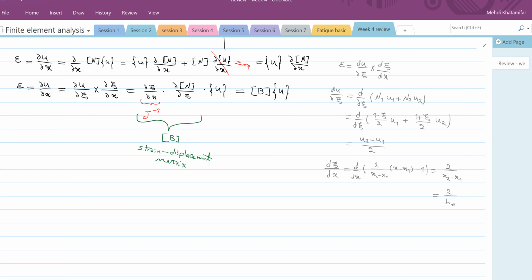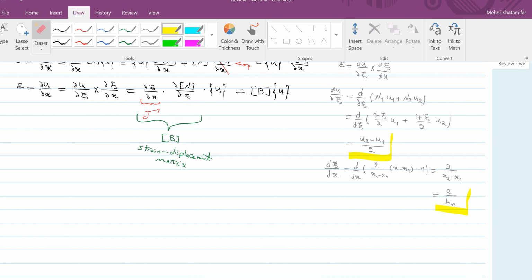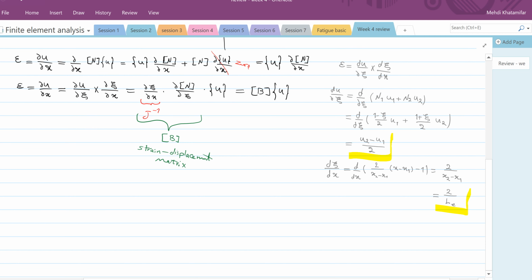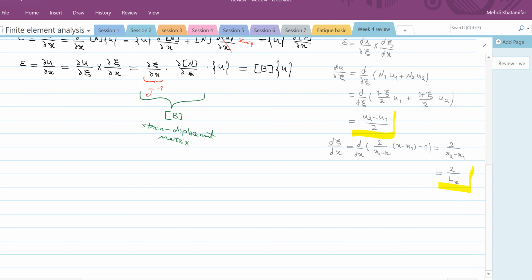Okay, let's continue our calculation. So I found the first piece and the second piece. Let's multiply them together and get strain. Strain is going to be u2 minus u1 divided by 2 times 2 over the length of that element.